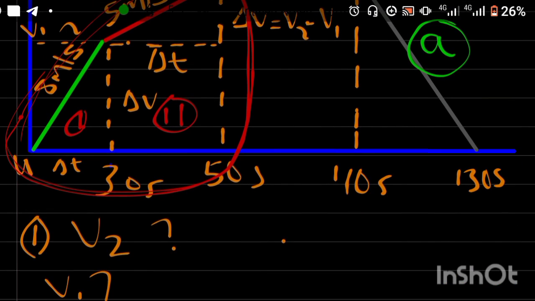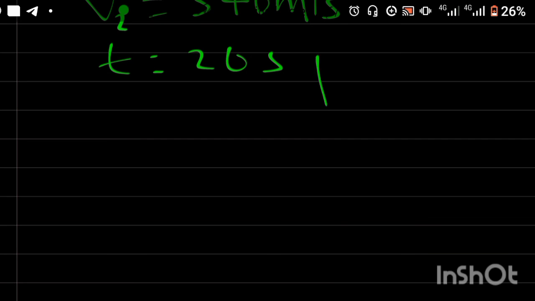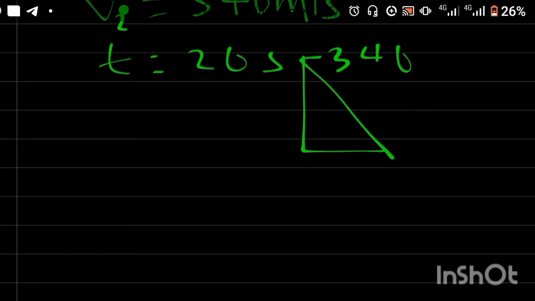The time interval is 130 minus 110. From our velocity time graph, this is 340, and here is 0. The time here is 110, while here is 130 seconds. So we have a 20 seconds interval here.